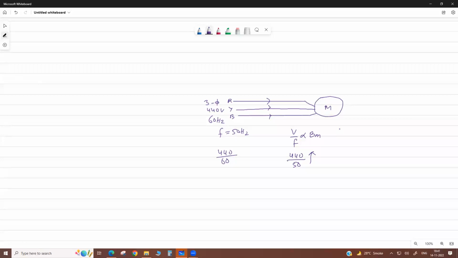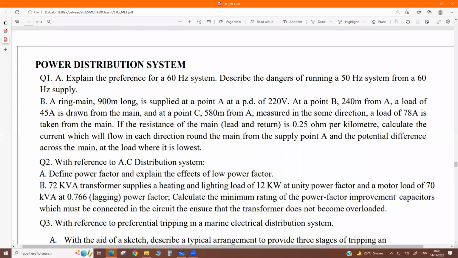Due to overfluxing, your hysteresis loss and the eddy current losses are increased, means iron losses, because this is proportional to B maximum raised to 1.6 and this is B square. Okay, so combined it is called iron loss. These increase due to overfluxing. So iron losses are increased, means performance goes down. Okay. This is the first question.